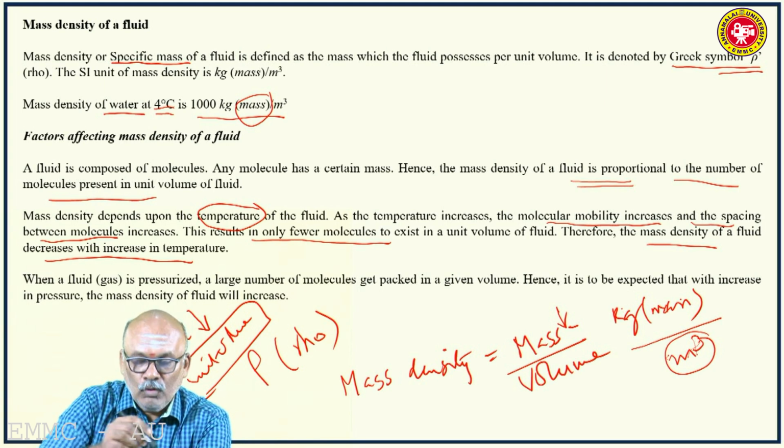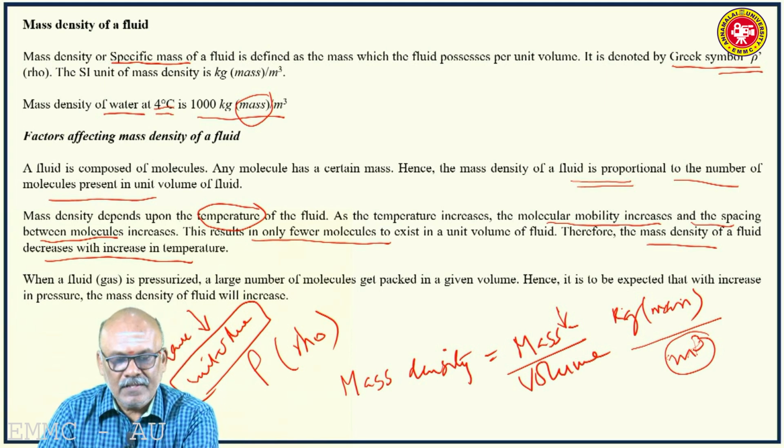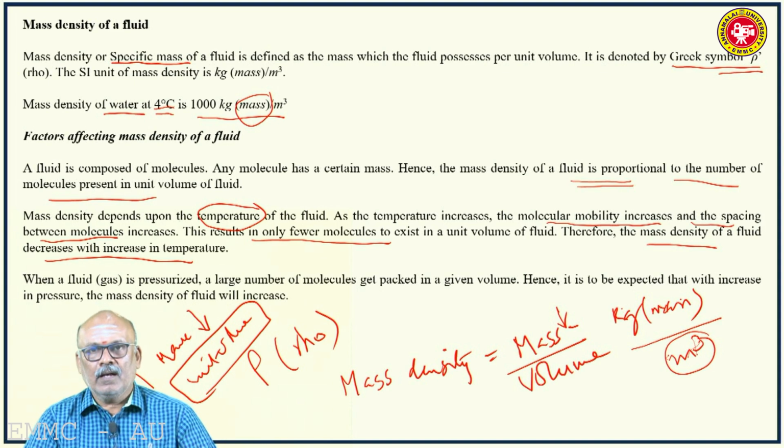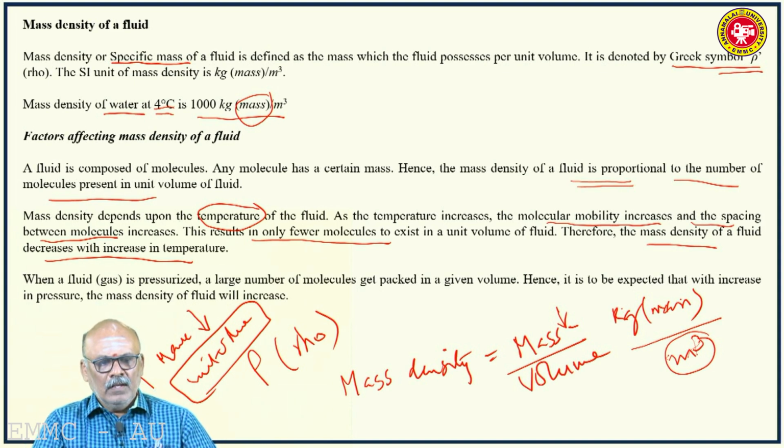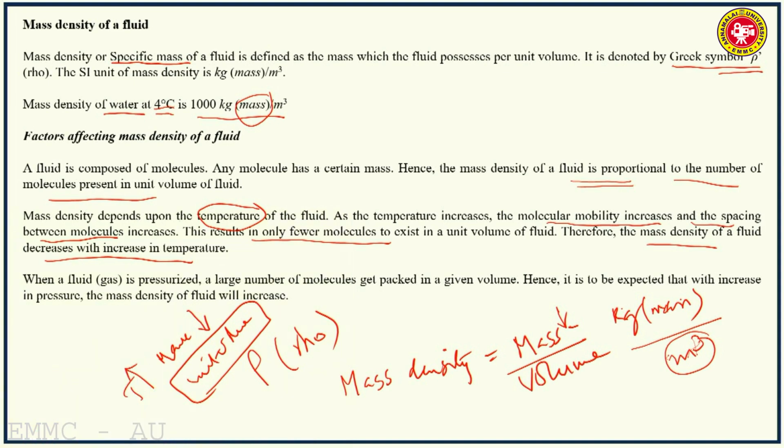Whereas if you take a fluid that is a gas, it is easily compressible, you can compress it easily. When you release the compression, it tends to expand. So when it is pressurized, you are compressing. When it is compressed, what happens? Because of the increased molecular activity, the molecules come closer together in a given volume.